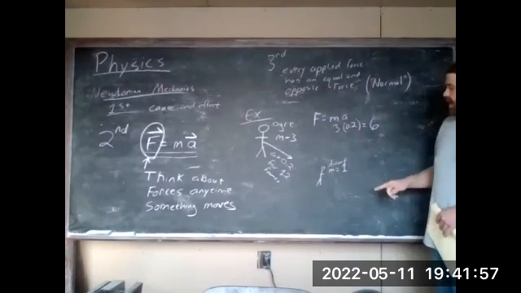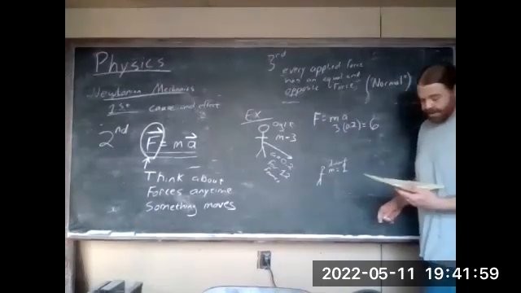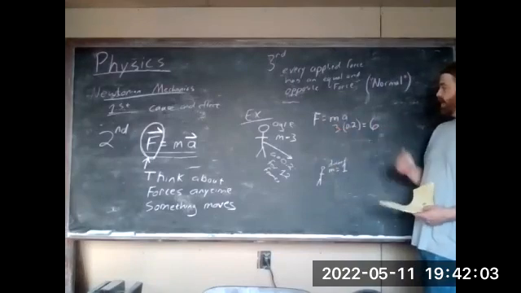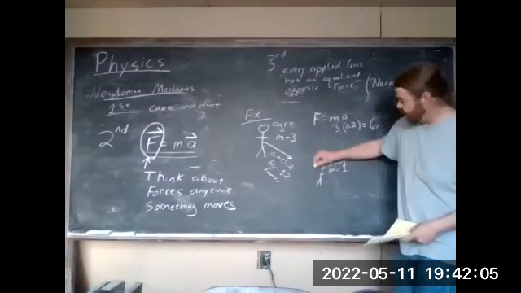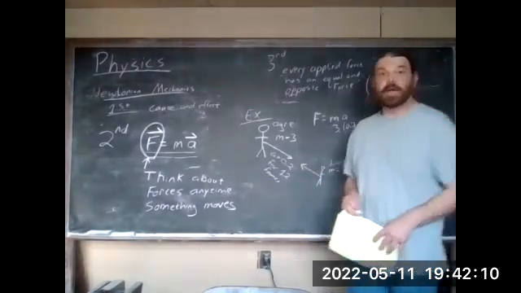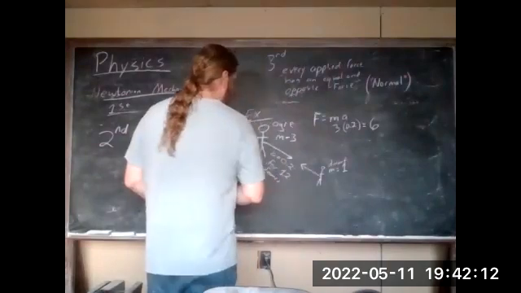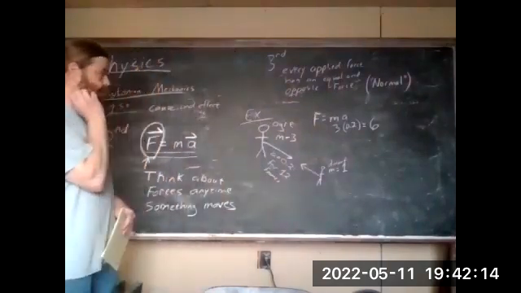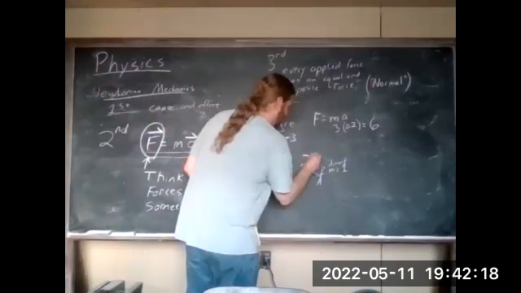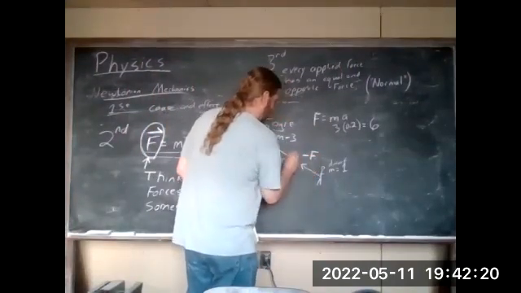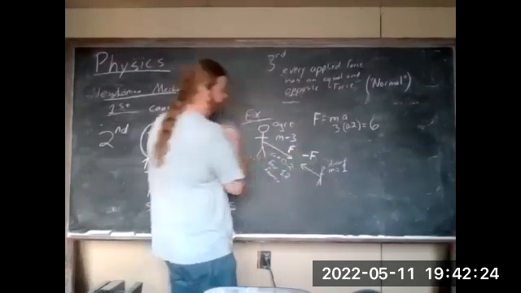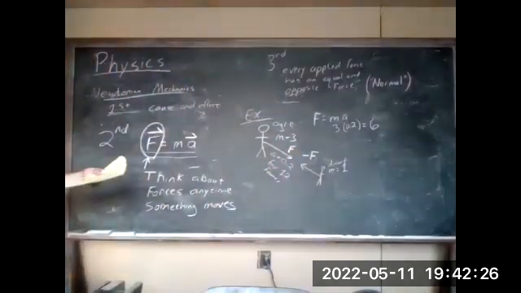So when the ogre hits our character, this is the amount of force he hits with, which means our character is going to push back with the equal and opposite force. I'll just call it negative F. So the ogre is going in the positive direction, and then we have an equal and opposite force going backwards.